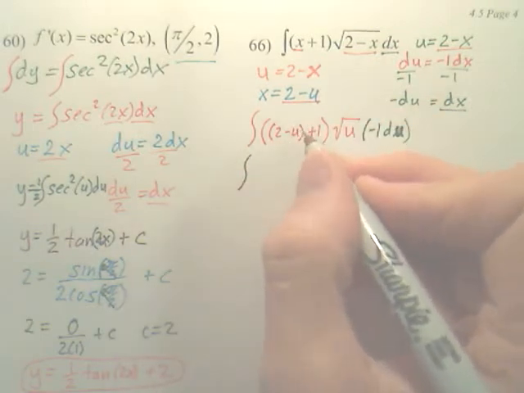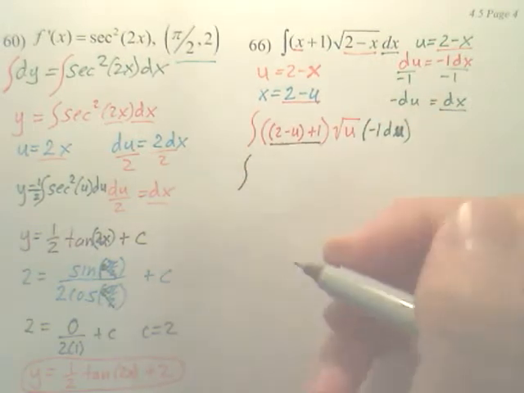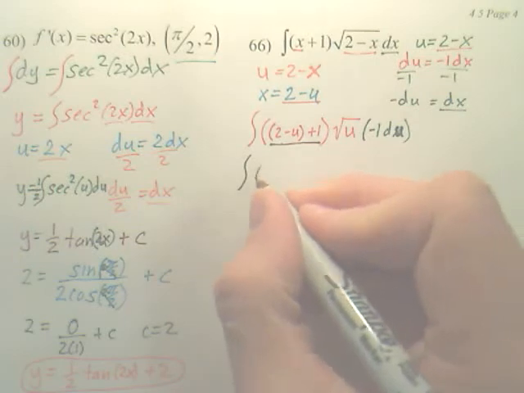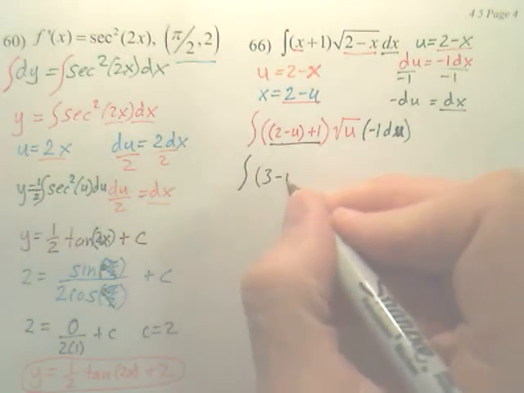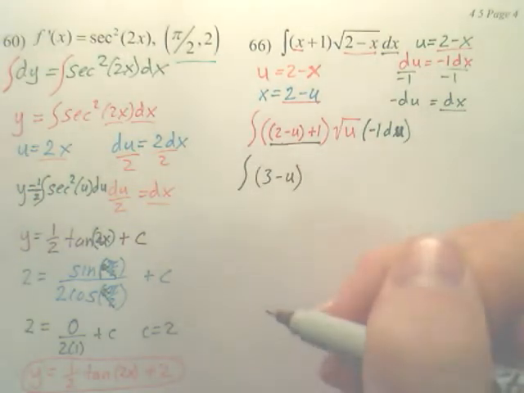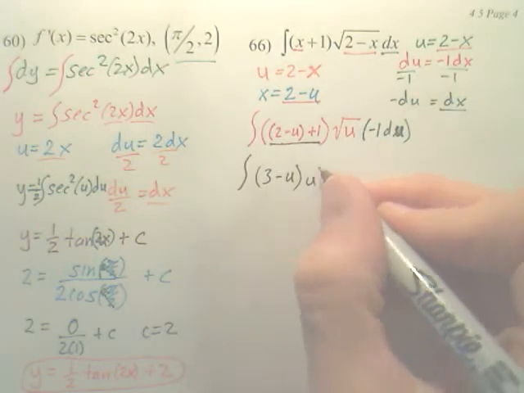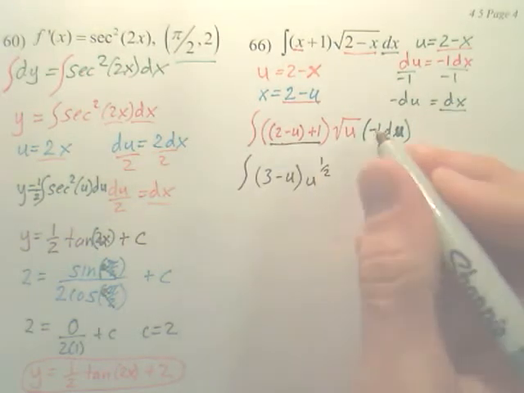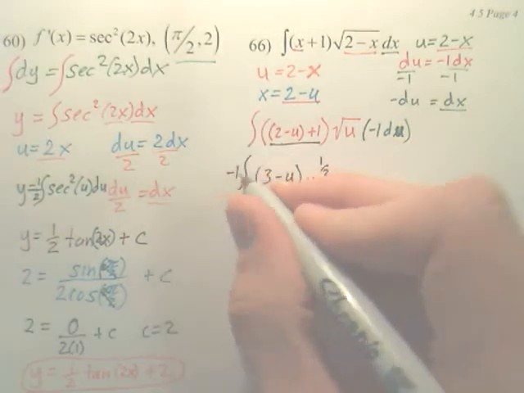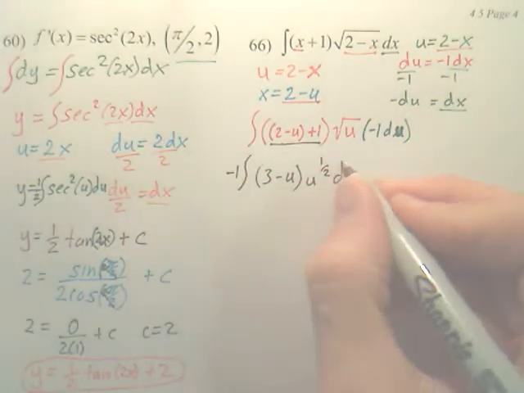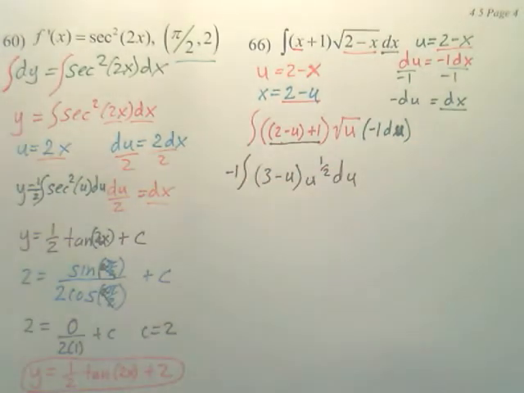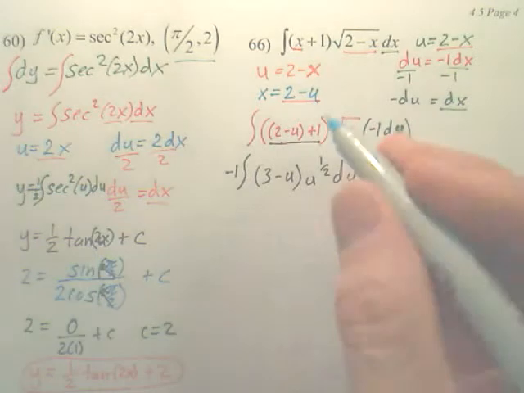Can I combine what's inside of this parenthesis right here? Can I combine all that? Don't you have 3 minus u? And can't I rewrite this as u to the 1/2? And can I take this negative, bring it out front, and have my du? Now, some of you say that doesn't help at all, but can anybody see what happens here?